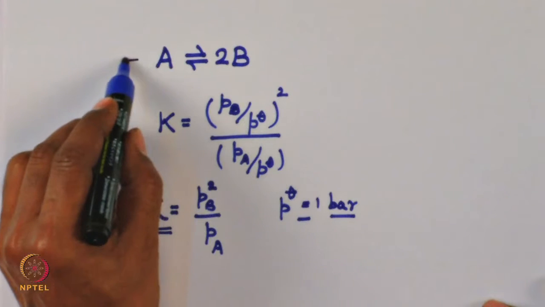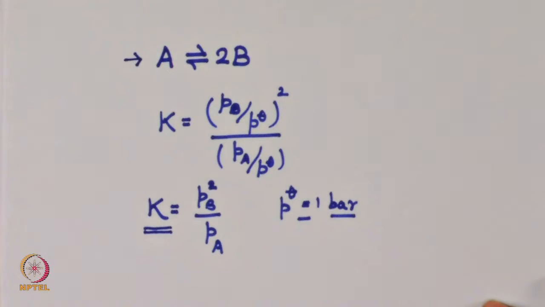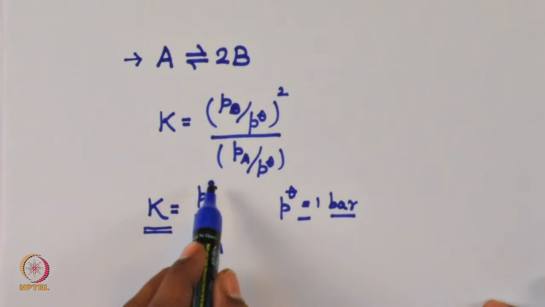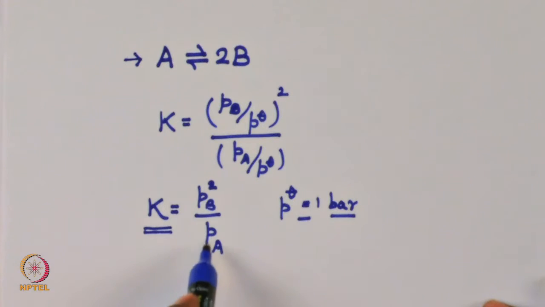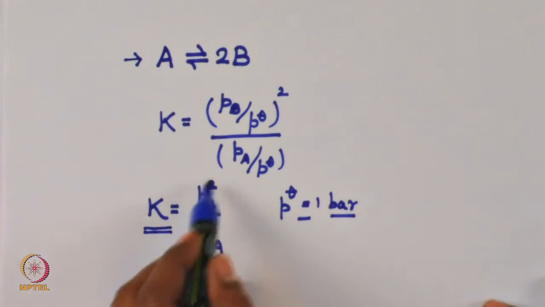That means if we are talking about this kind of reaction, then even if there is a small increase in Pb, there has to be a large increase in Pa, so that the effect of this square is taken care of and the ratio remains constant. I repeat, a small increase in Pb, its square has to be compensated. How will it be compensated? There will be a steep increase in Pa, so that this ratio remains constant.